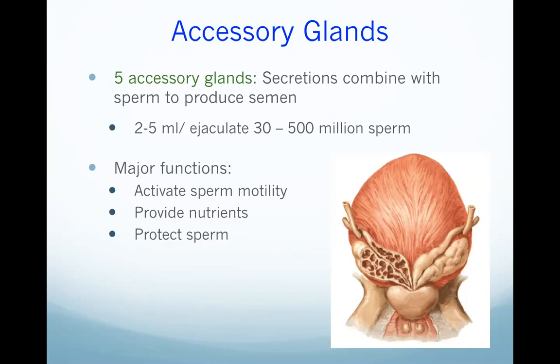They're going to provide clotting factors. They're going to be very alkaline to protect the female. They have citrate that helps to activate. There'll be zinc that helps to stabilize DNA. Just a lot of functions of the seminal fluid. So I have here activate sperm motility, provide nutrients, protect sperm, sort of as a general overview.